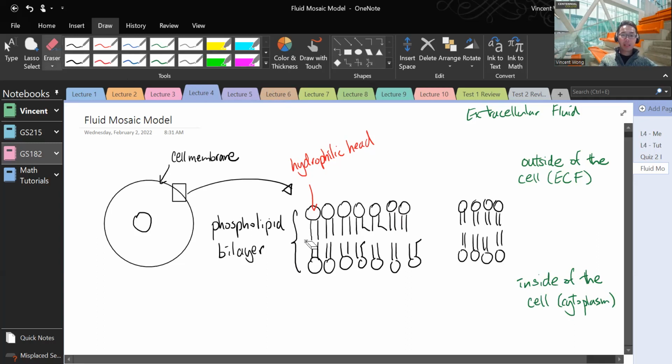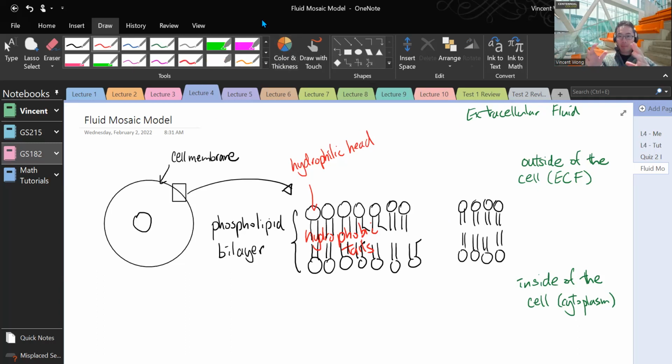And in the middle, these tails, that's going to be the hydrophobic tails. Okay, so by organizing in this way, it creates a thick barrier in the middle that prevents things from going through easily.